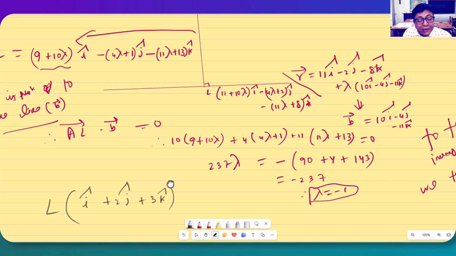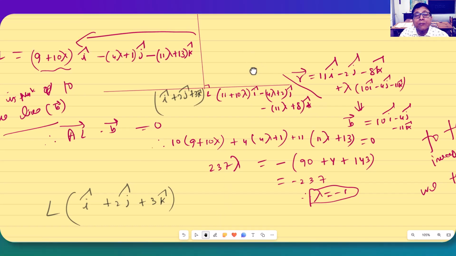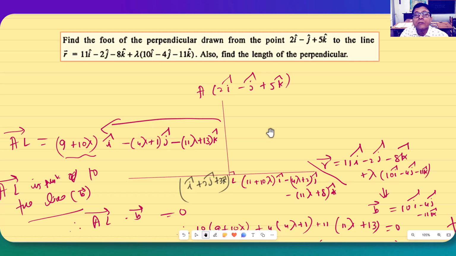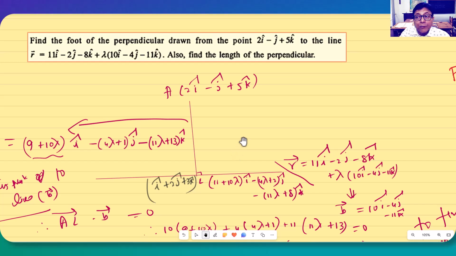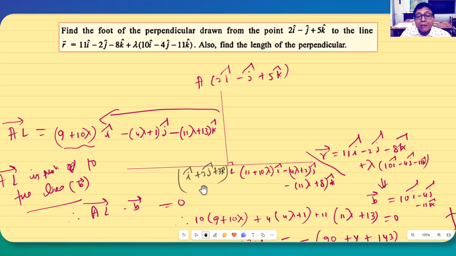So the point L's position vector you got, that is i plus 2j plus 3k. Clear? Not a difficult one, you just have to do it carefully. I got the foot of perpendicular. As you are doing vector form, the position vector you have stated is enough.